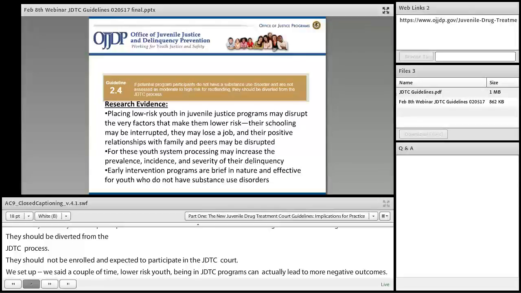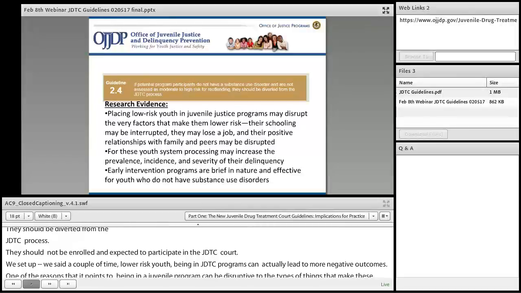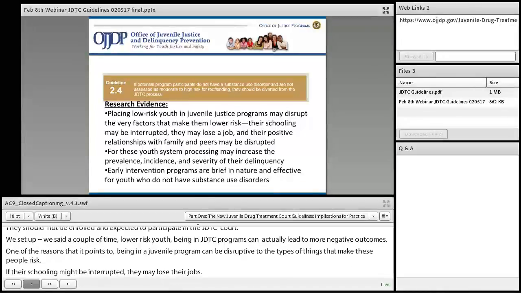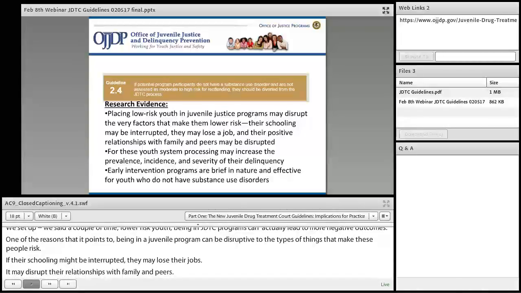So if their schooling might be interrupted, they might lose their job, it may disrupt the relationships they have with their family and peers, and so it's really important to be thoughtful about who you're engaging in the program.